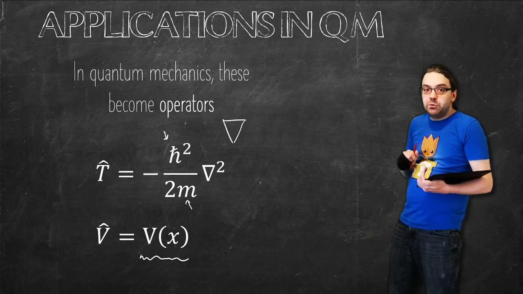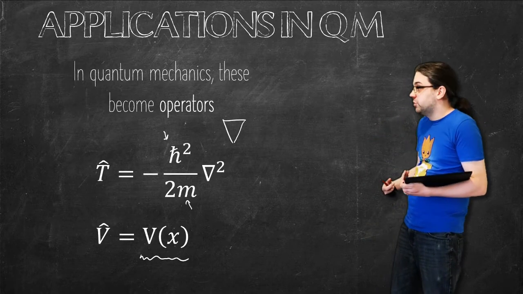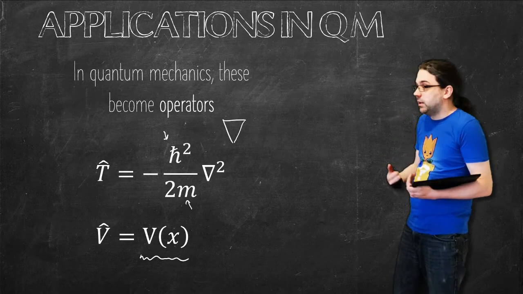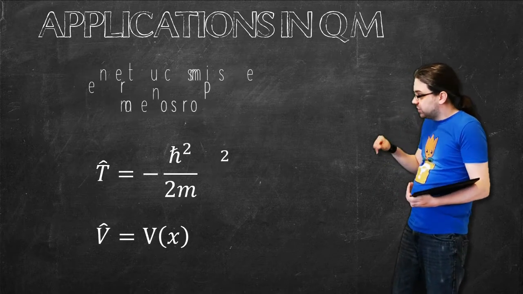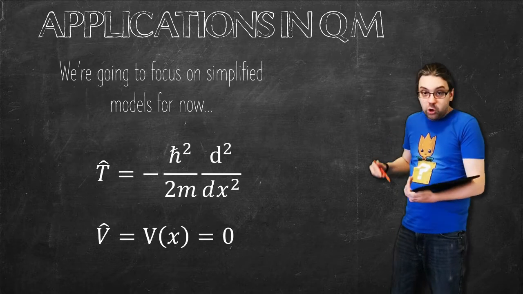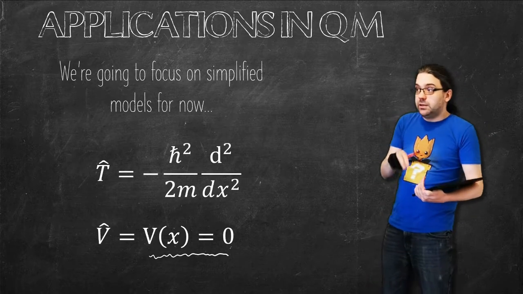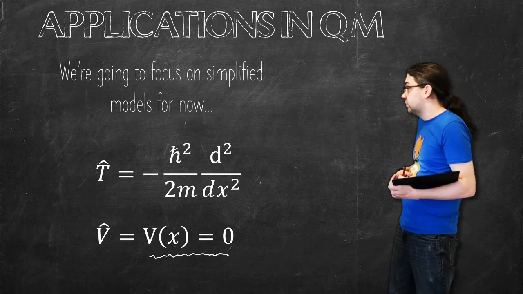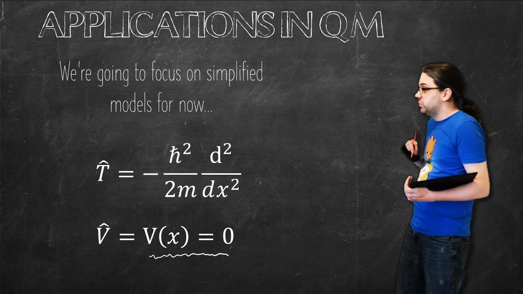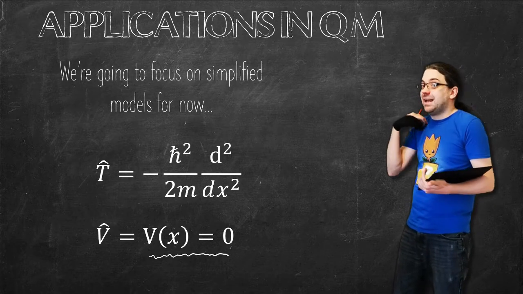And as we move on to things that actually have potentials involved, that will become clearer. But for now, we're going to stick with simplified models only. We're going to work on things where the potential is actually zero. There's going to be no potential in the particle models we will discuss soon. Potential comes into its own when we're talking about atoms.